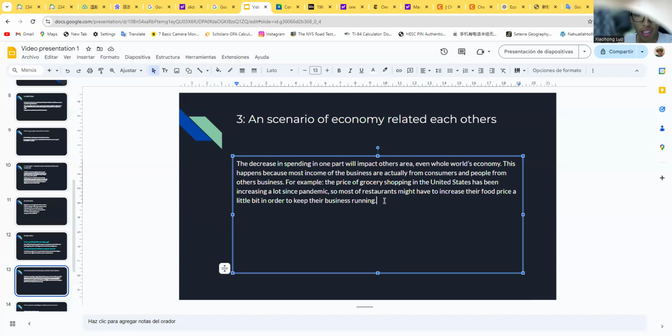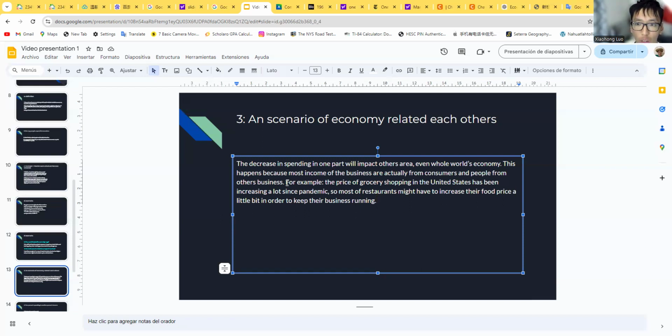Yeah, this actually happens a lot because most of the businesses are actually from the consumers and people from other businesses. I'll just give you an example. The prices of grocery shopping in the United States have been increasing a lot, around 1 to 2 times since the pandemic, since like 2020.